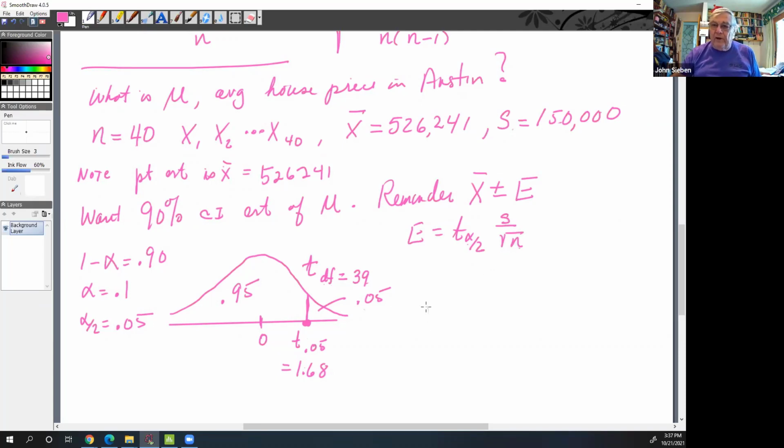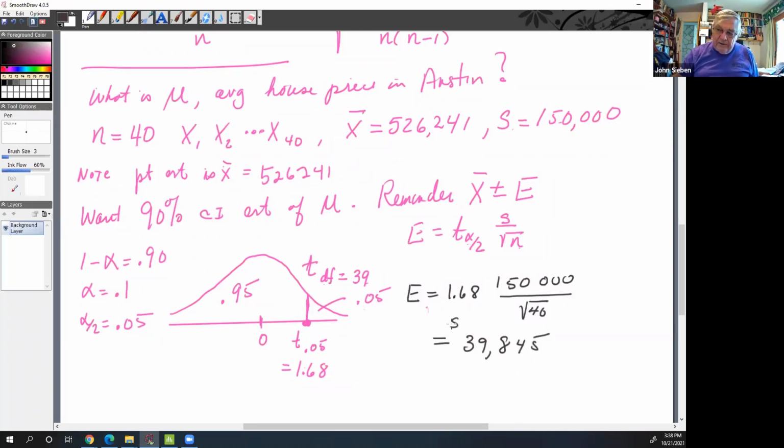And so now we can calculate E as 1.68 times 150,000 over the square root of 40 is equal to, and of course that's a calculator problem, and it will turn out to be 39,845.